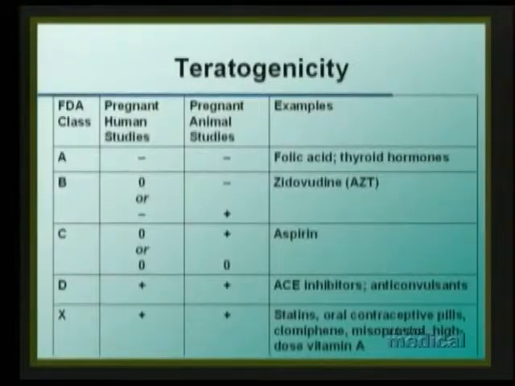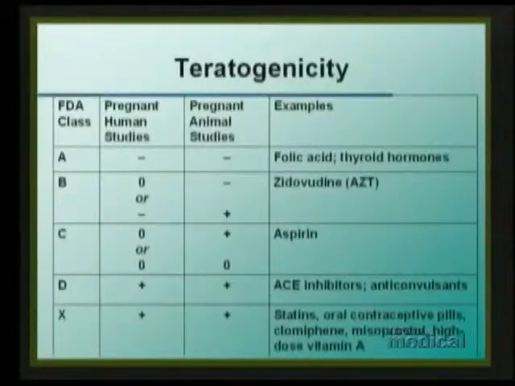If the studies are there and the teratogenicity potential is therefore nil, no teratogenic potential, then a drug is called a class A. This is very unusual. But a classic example, I would focus on folate. We like to supplement it upwards of 3 months prior to pregnancy to prevent neural tube defects in the baby. So folic acid would be a great example of a class A drug.